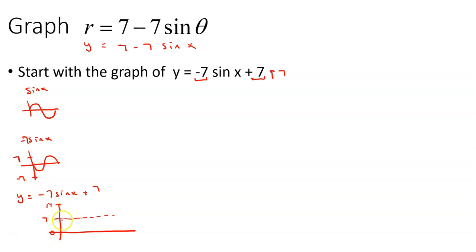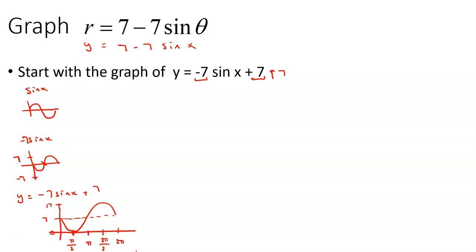So it's going to go down, up, and back down again. What are the important points on this graph? Well, it used to cross the axis at pi, so it's going to cross here at pi. It's going to hit its minimum at pi over 2. It's going to hit its maximum at 3 pi over 2, and it's going to end at 2 pi.